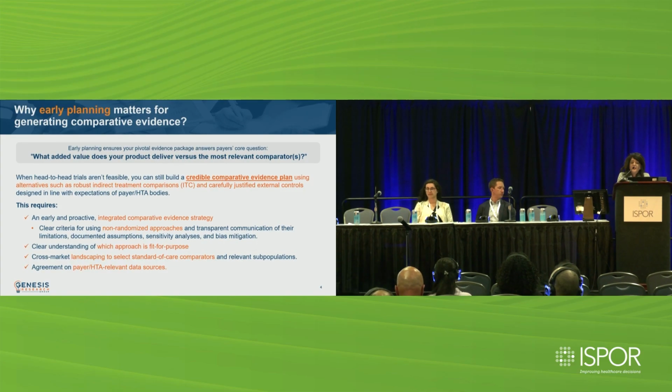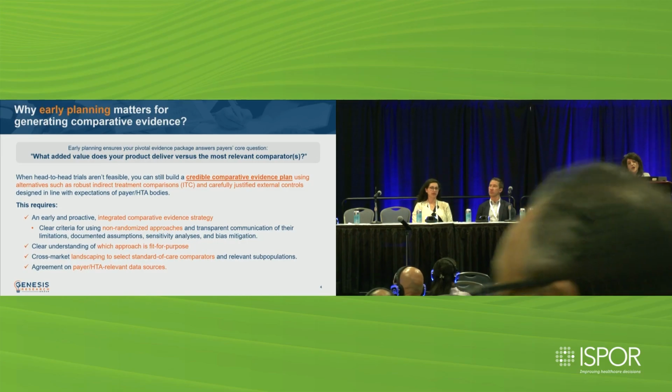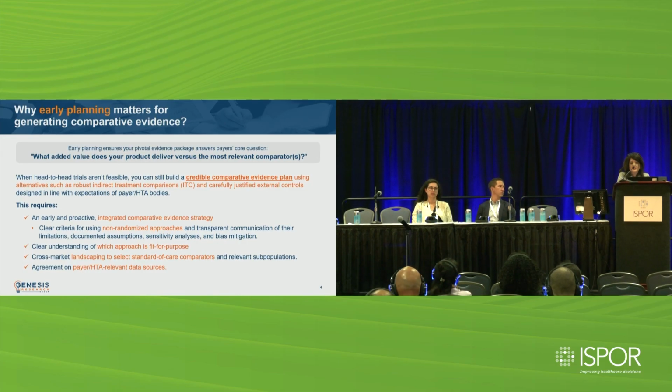And lastly, you would want to understand the evidence or the estimates which are generated out of these comparative evidence. What is the impact of that on downstream tools and resources which are used to support access and pricing decisions, such as your cost effectiveness model, value narratives, etc. So as you can see, there's a lot of moving parts here.